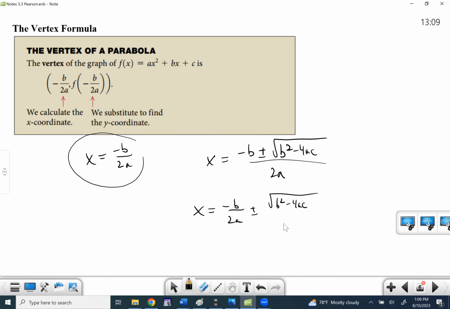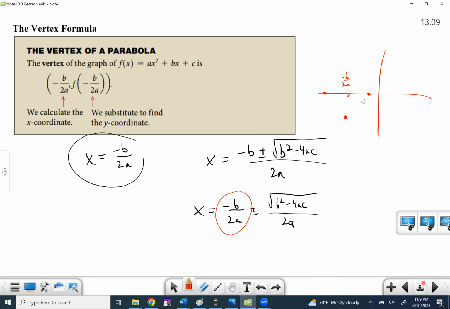we're going to talk about how it isn't a coincidence that this is your vertex formula right here. Okay. What you're saying here is this is the middle of your parabola, right? It's the middle. So this would be negative b over 2a, right? And then you're going to add some to get to one x-intercept, and you're going to subtract some to get to the other, hence the plus or minus. And that distance has to be the same.